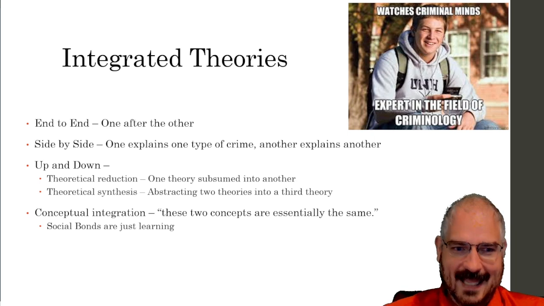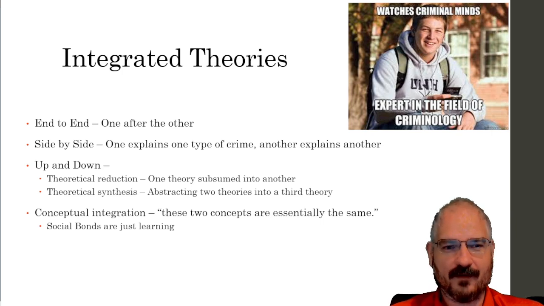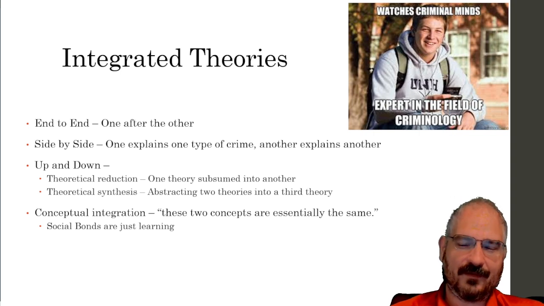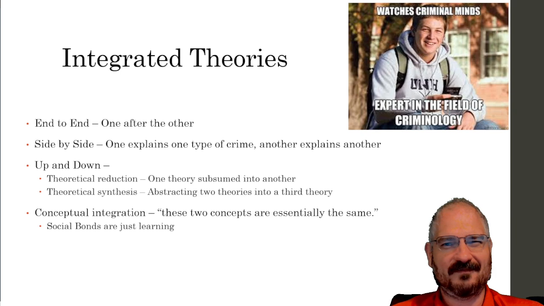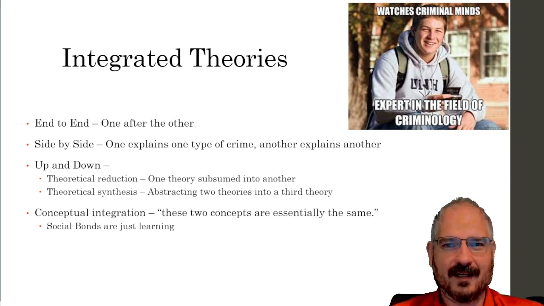So related to that, there's what's called conceptual integration, right? So part of this up or down process can include things like conceptual integration, where you're saying, look, these two concepts from these two different theories are really just different ways of measuring and looking at and understanding basically the same thing, right?